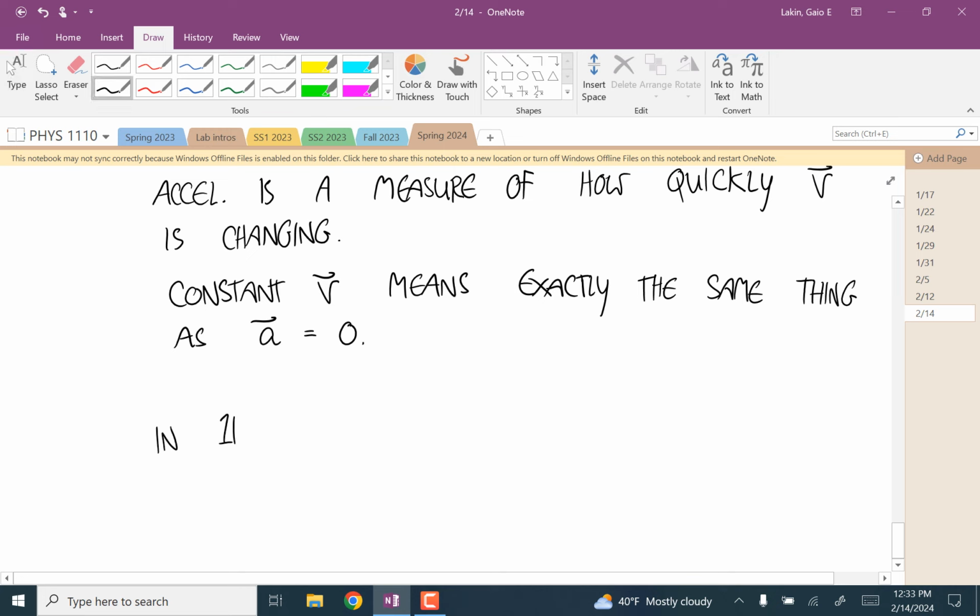In 1D, if acceleration isn't 0, it means that the speed of an object is changing. Okay, that's the only thing acceleration can do. So non-zero acceleration means speed change.